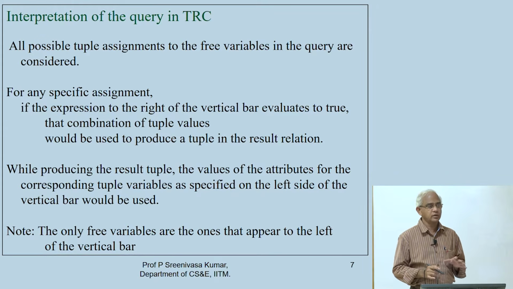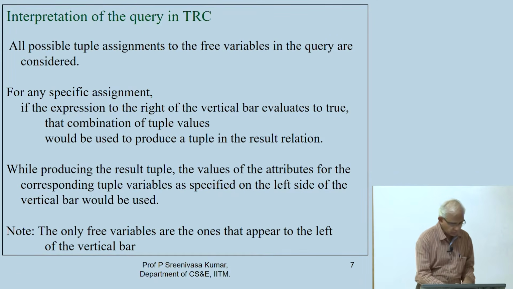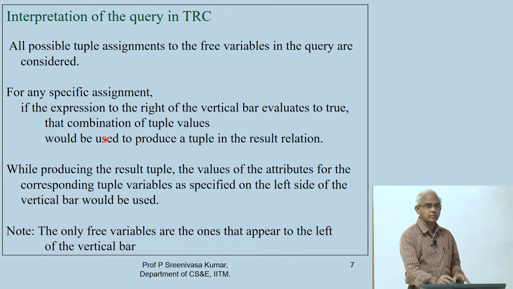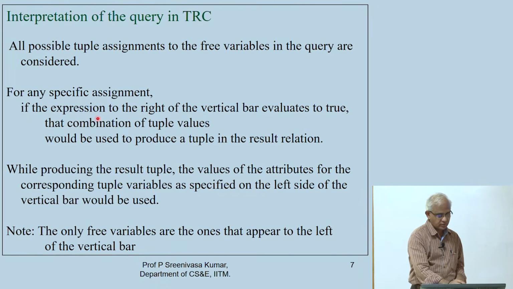discussed how the query should in general be interpreted. So, there are going to be free variables and bound variables inside the query. What we will do is consider all possible tuple assignments to these free variables in the query, and then for any specific assignment we will check whether the condition that is specified on the right hand side of the vertical bar is true.